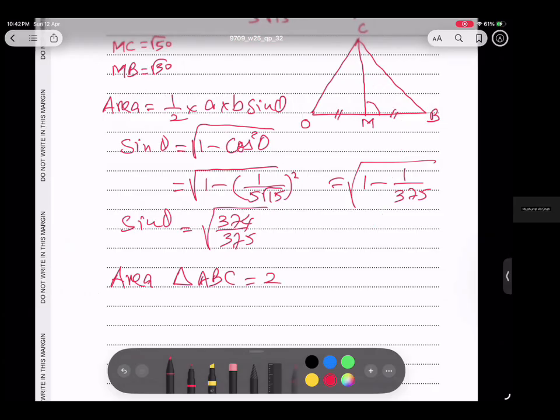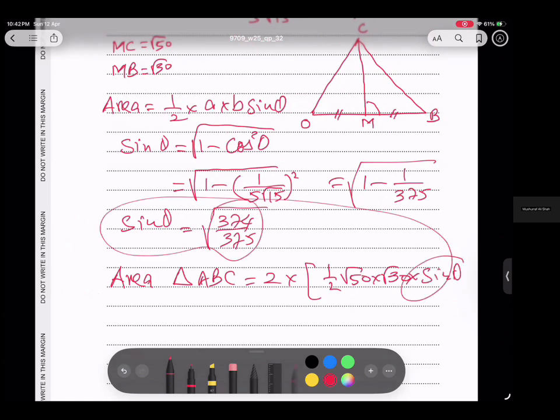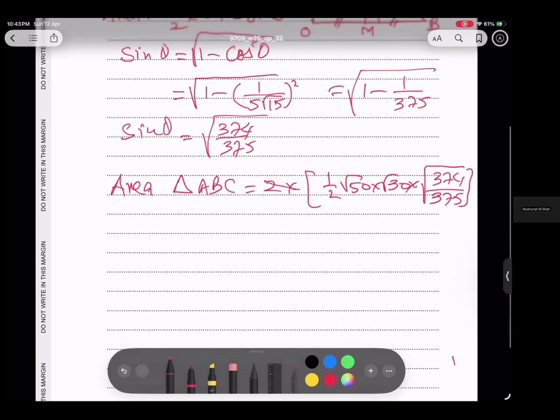So that is why 2 times half into the area of this triangle, and that is this one, MC. So root 50 into root 30 into the sine of the angle, which we have available here. And I'm replacing this sine theta by the root of 374 over 375. So we solve this, and these two cancel out.